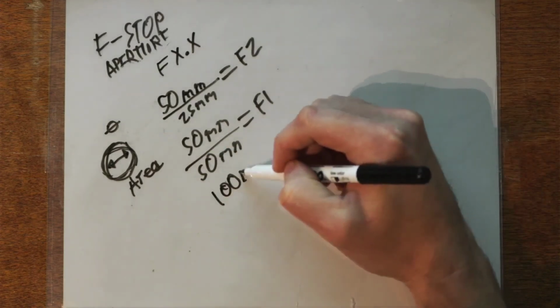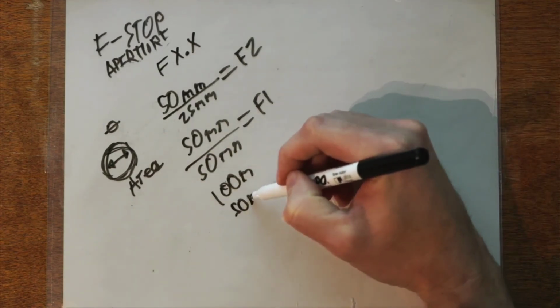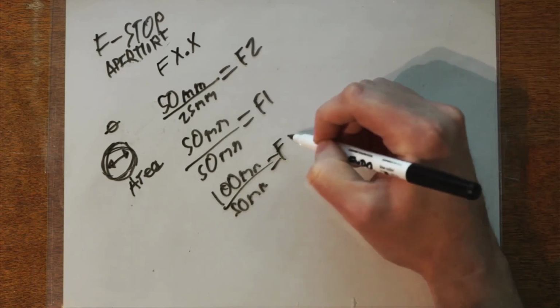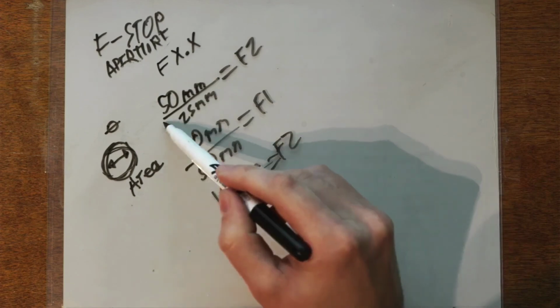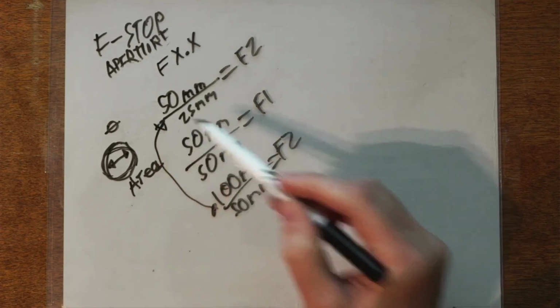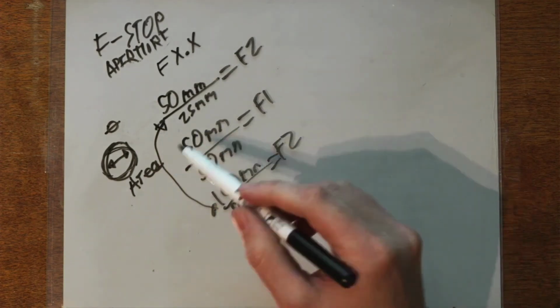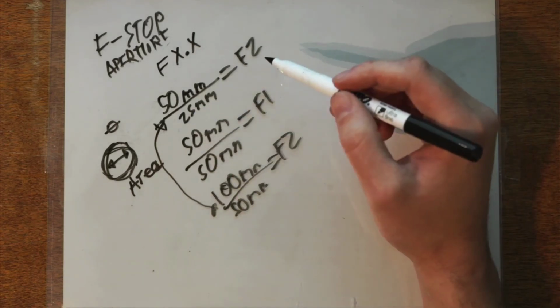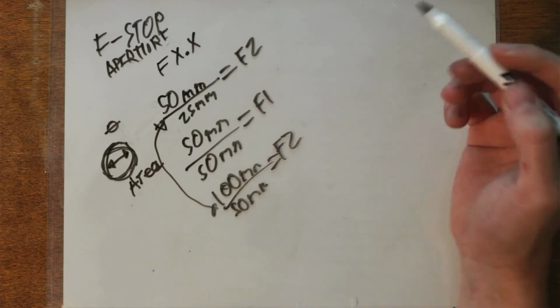If I have a 100 millimeter lens and I have a 50 millimeter aperture, I get an f2 lens, because we're essentially using this exact same thing and just doubling both numbers. So do be aware this is a relational thing. It does not represent any absolute number at all, and it makes people nuts.